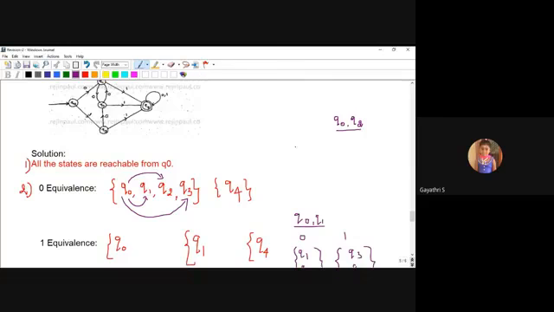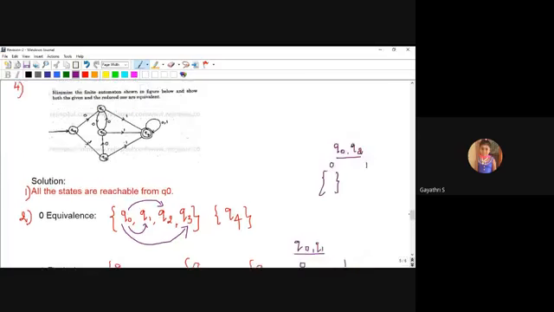Q0 and Q2. The transitions are on 0 as well as 1. Q0 on 0 goes to Q1. Q2 on 0 again goes to Q1.